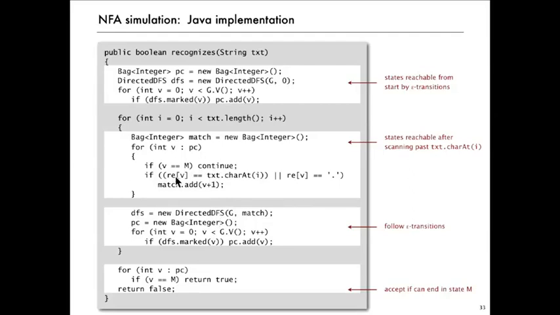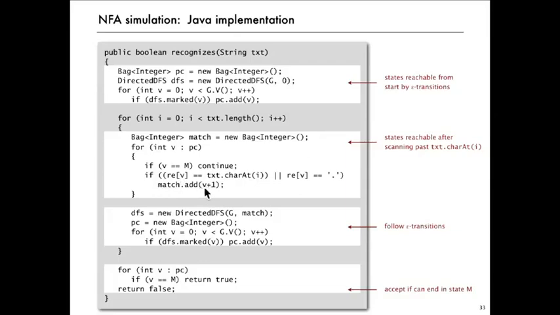If we have a match, that is, if the character in the RE at that state position matches our ith text character, then we're going to keep another set of possible states called match. So those are the ones you could get to just after matching a text character.